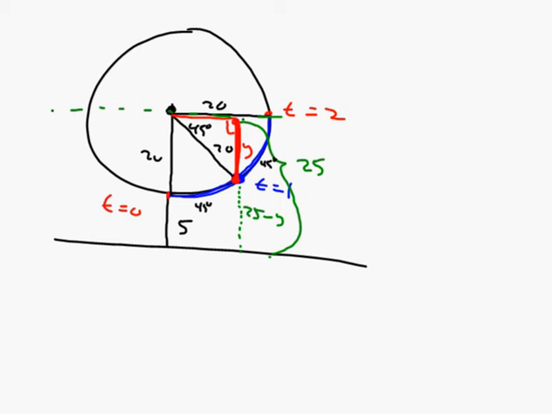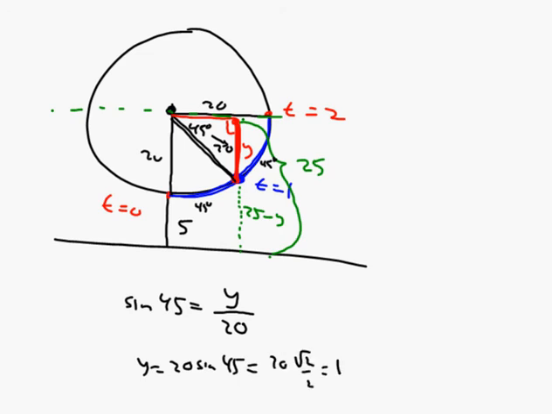If you look at that red triangle, we can do a little trig. For example, the sine of 45 equals y, which is the opposite, over the hypotenuse, which is a radius of the circle, which is 20. So y equals 20 sine 45, or 20 times square root of 2 over 2, or 10 root 2.